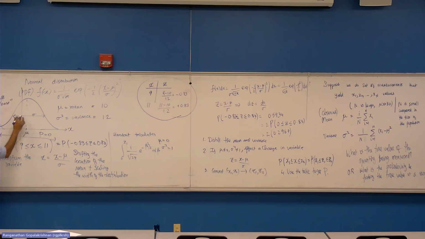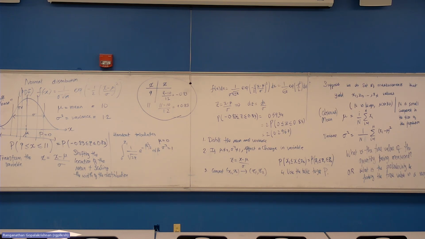If you select a range which is centered around the mean, so this is the true value, this is the mean, there is a chance that the true value lies between this range or between this range and so on. If I select any range, I can always ask the question, what is the chance the true value will fall in this range?